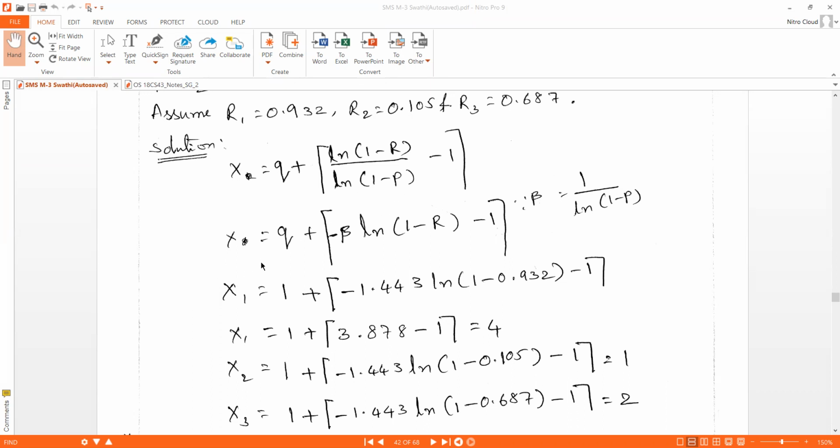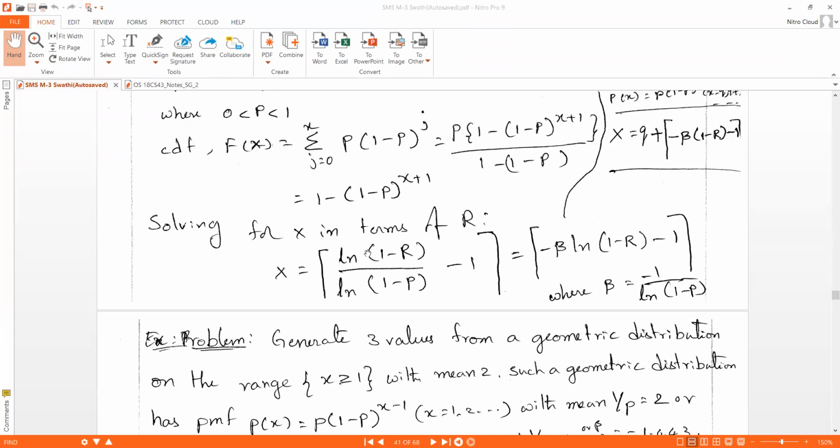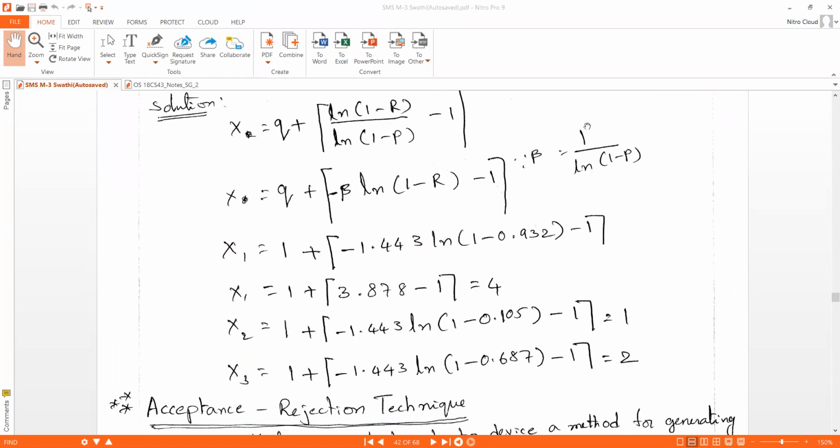In this problem, this part can be written in terms of beta. Mod of ln of 1 minus r divided by ln of 1 minus p, minus 1, can be written like this: mod of minus beta into ln of 1 minus r, minus 1, where beta is equal to 1 by ln of 1 minus p.